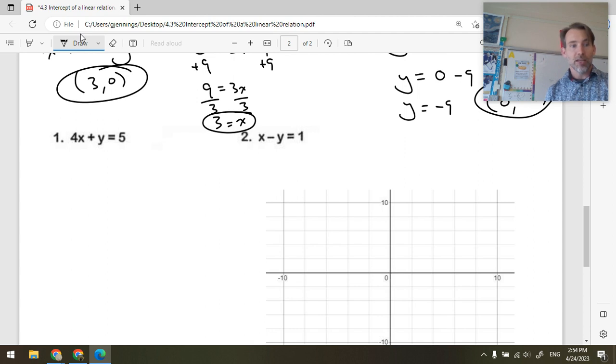So here, to find the x-intercept, let y equal 0. So it's going to be 4x plus 0 equals 5. So x equals 5 over 4. So the x-intercept of this one is 5/4, 0.